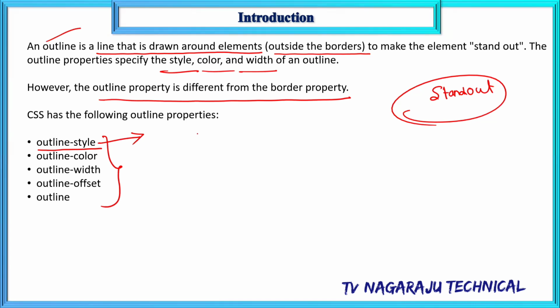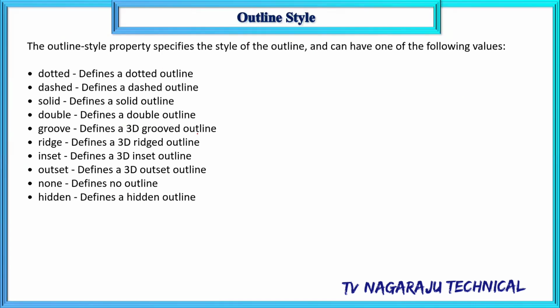Whatever we discussed in borders, almost every property is available. Dotted defines a dotted line. The next ones are dashed, solid, double, groove, ridge, inset, outset, none, hidden. These are exactly the same as the border styles we discussed.